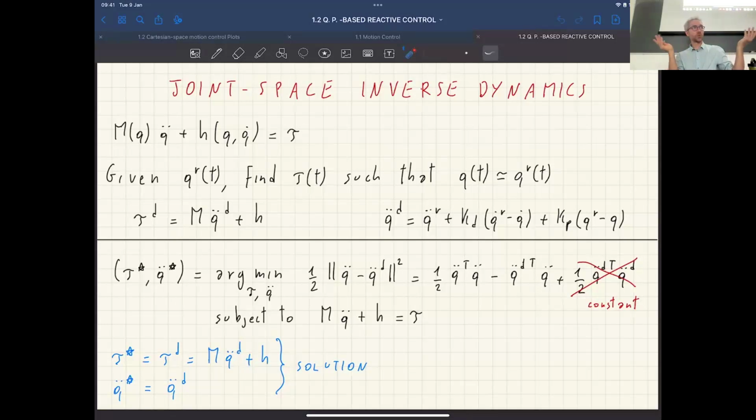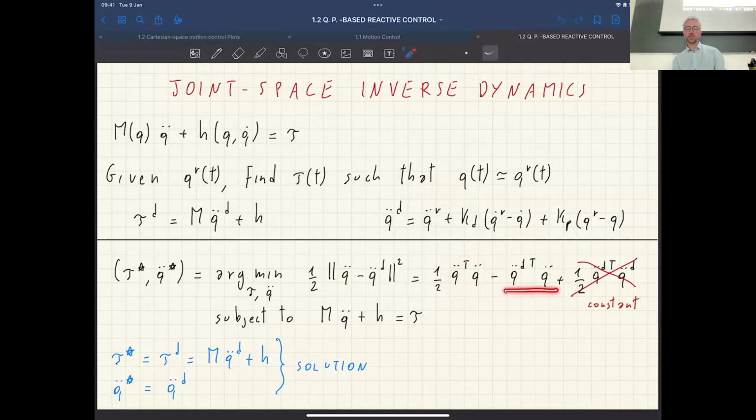It's a dot product between 2 vectors. And you can see that it is quadratic because it's actually composed of 3 terms. This term here is quadratic because you're multiplying q double dot times itself. So you're getting every element of the vector to the power of 2, and you're summing them all together.